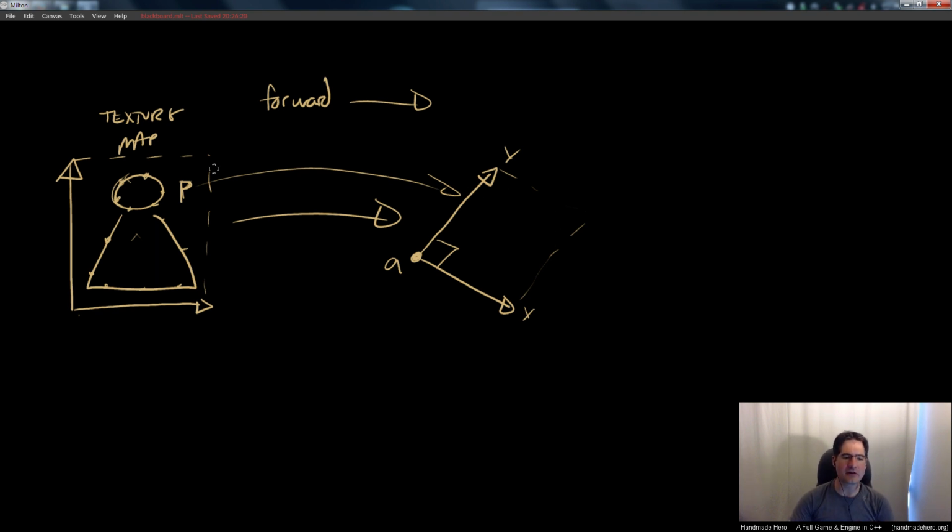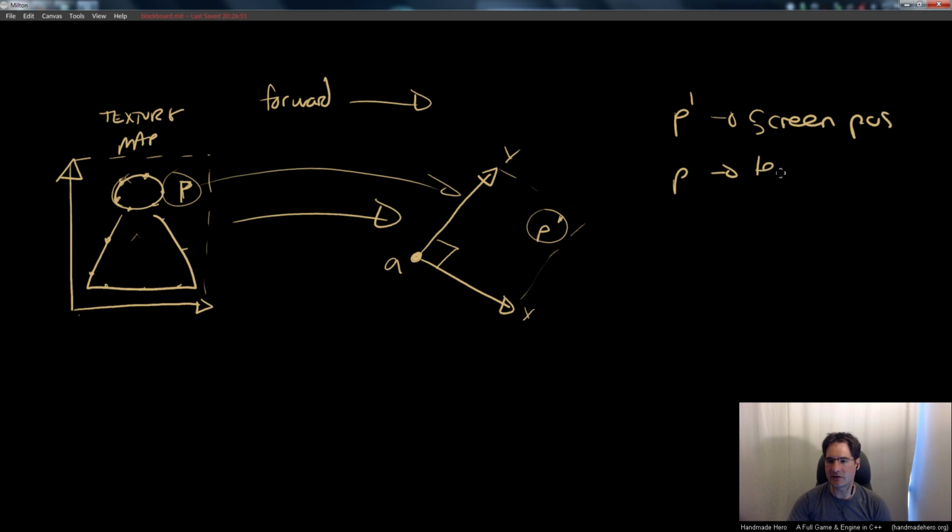What we're basically asking for is how to create a P prime over here that's in the same place as the texture would be if the whole texture was moved and warped over to the location that we want the texture to be on the screen, right? So, P prime is our screen position, and P is the texel space position, right?